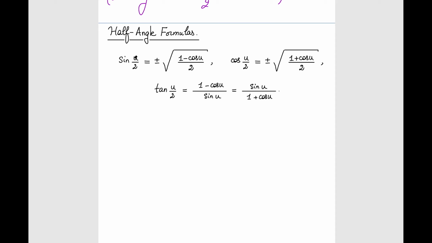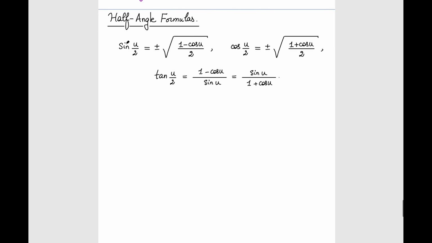So sine acting on half of u, I have a relationship between this and cosine of u, so the full angle. Similarly here, half the angle connected to the full angle, and likewise here, half the angle is connected to the full angle, right?